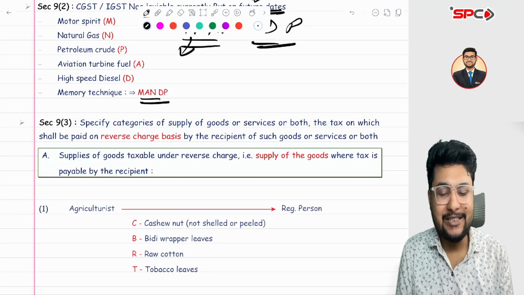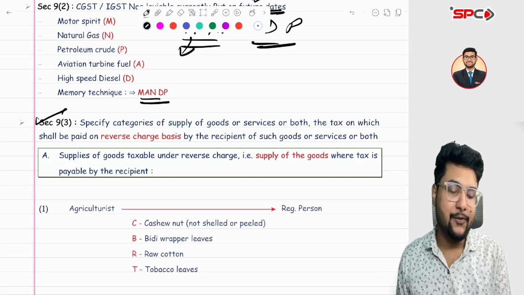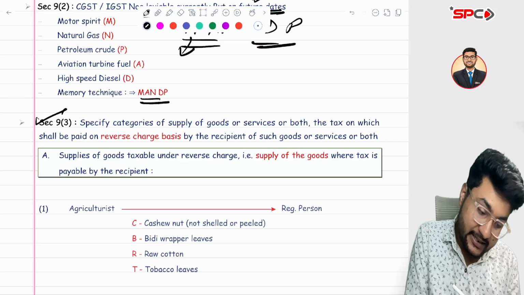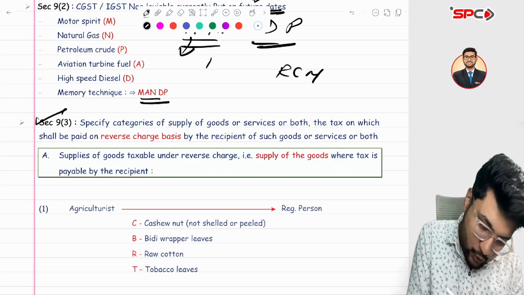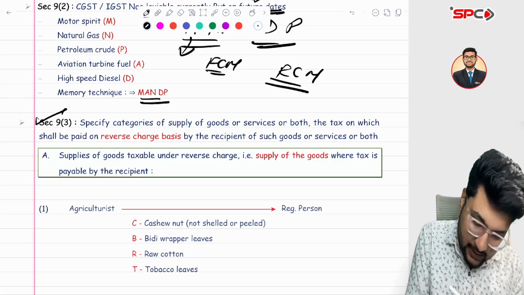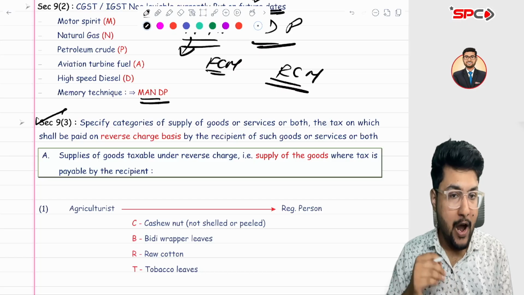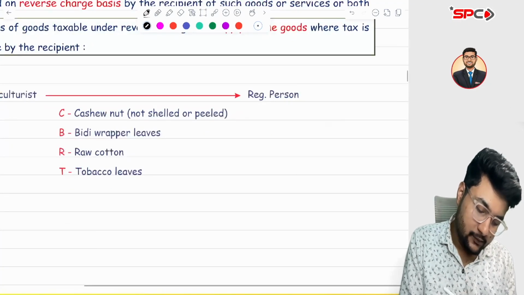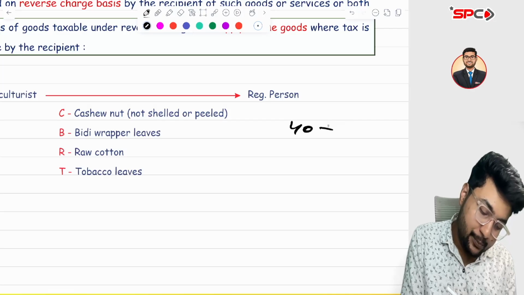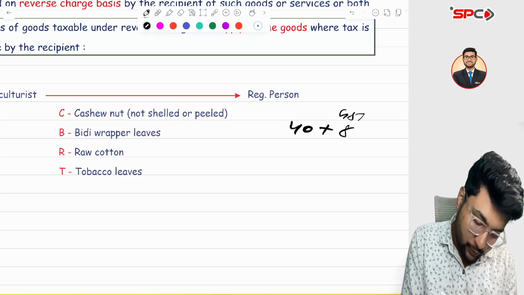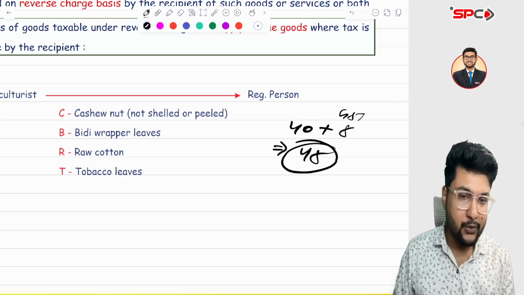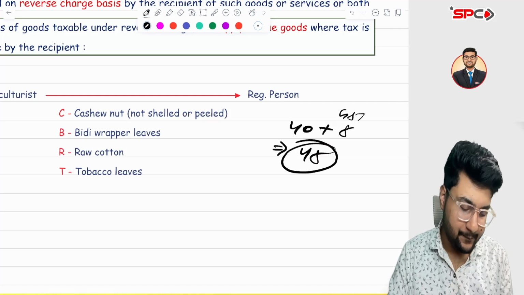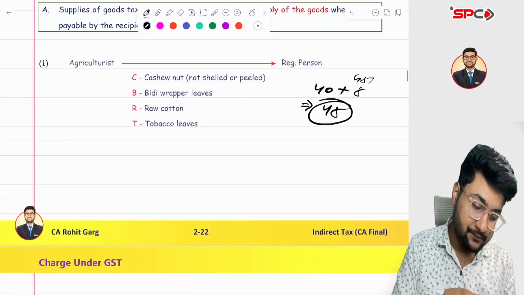Now we will talk about section 9.3 and 9.4. 9.3 specifically talks about reverse charge mechanism. There is a huge difference between forward charge and reverse charge. For example, you are going to an idli shop. You purchase an idli costing 40 rupees, and you pay GST of 8 rupees. So it's 48 rupees you will pay for the idli, right?